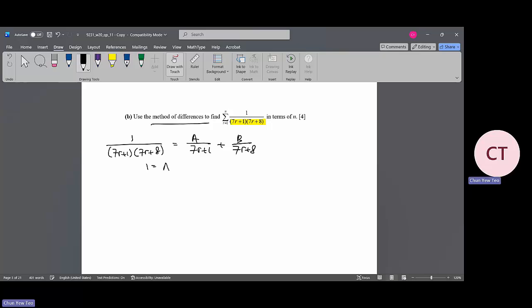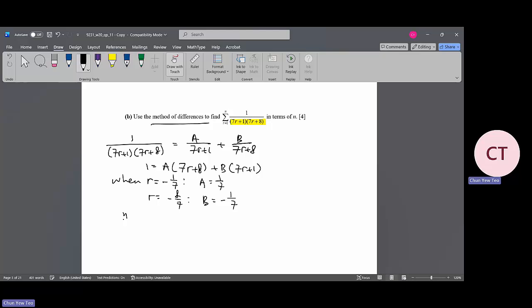Then you go and find the A and B by changing them into this form. Then you just substitute: when r is negative 1/7, you get A as 1/7. And when r is negative 8/7, you get B as negative 1/7.